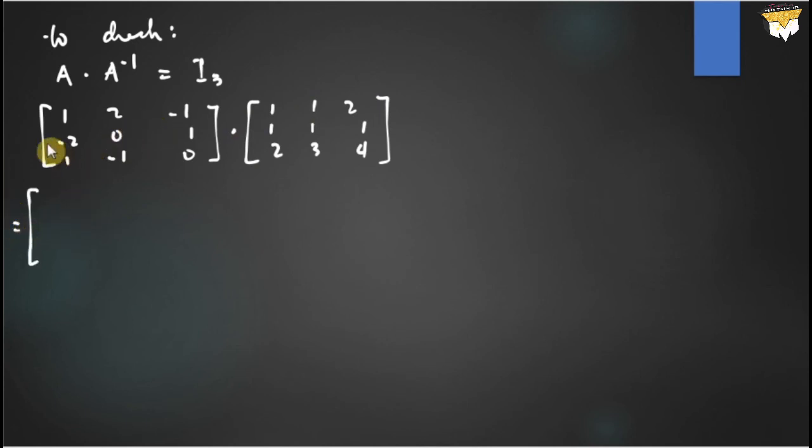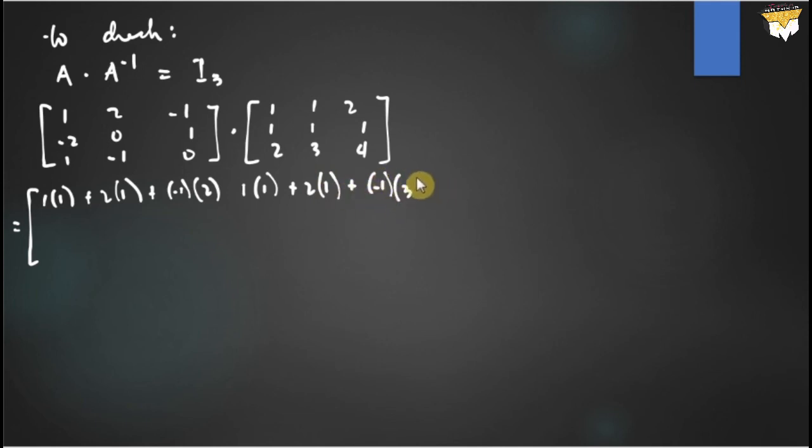Okay, so that will be equal to this row here times column 1. Okay, we already know that. So, I'm just going to make this fast. We have 1 times 1 plus 2 times 1 plus negative 1 times 2. Then, we have 1 times 1 plus 2 times 1 plus negative 1 times 3. Then, we have 1 times 2 plus 2 times 1 plus negative 1 times positive 4.